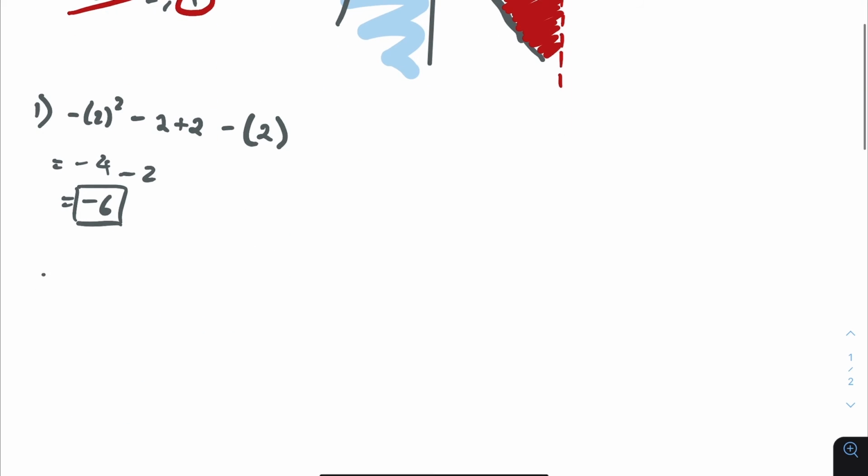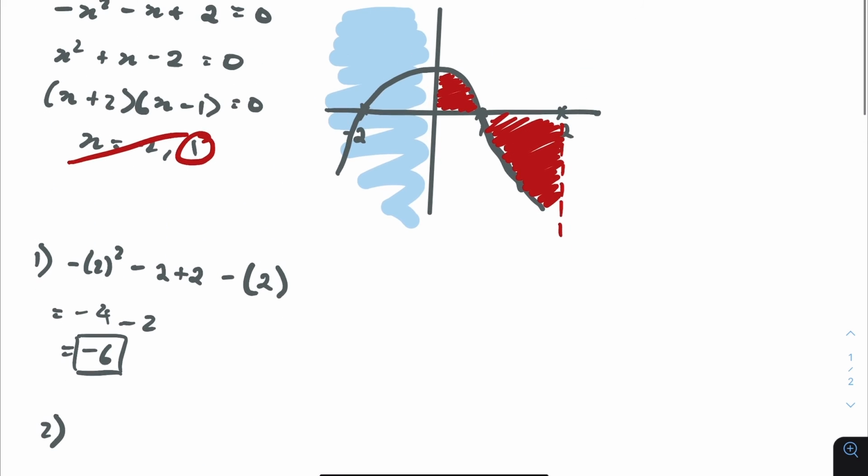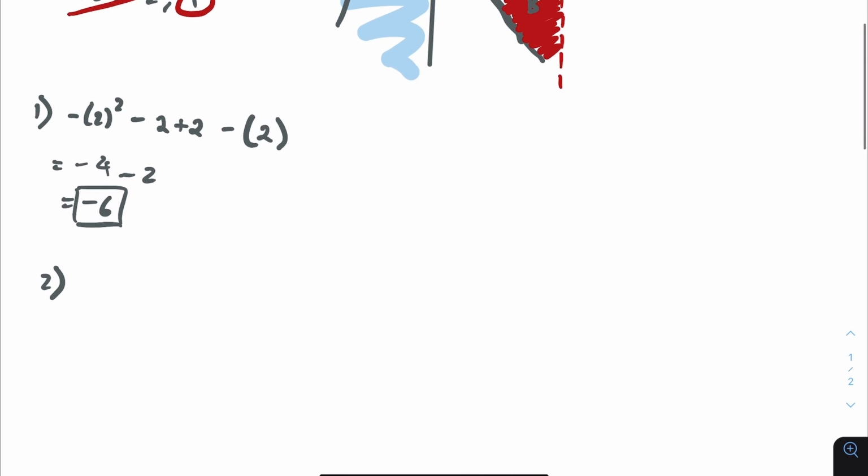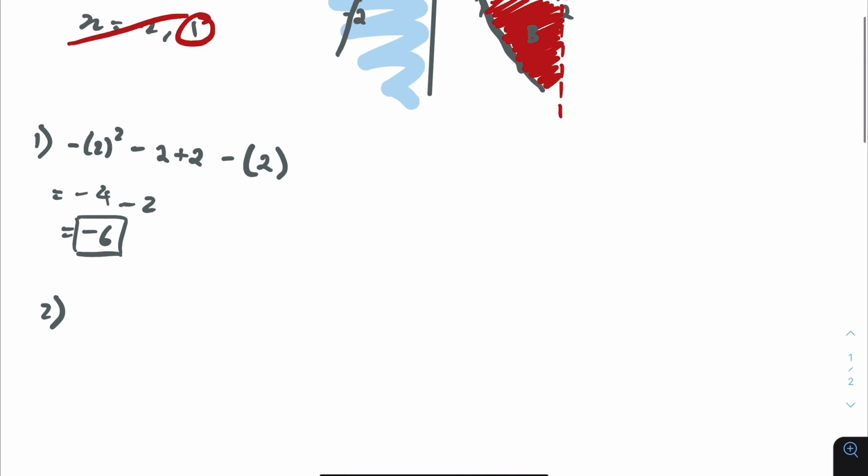Now moving on to part 2, we can use the diagram we've established to help us. Let's label our parts A and B because they're parts that are above and parts that are below. So part A, we don't need to do the absolute value. We can just find this.